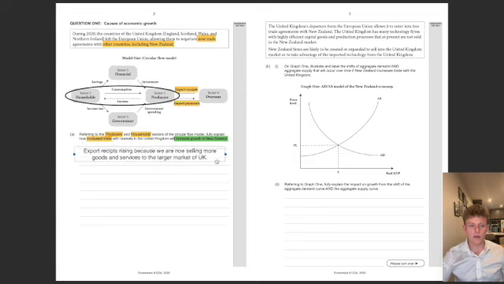And then the next thing we want to do is link it to those producers.